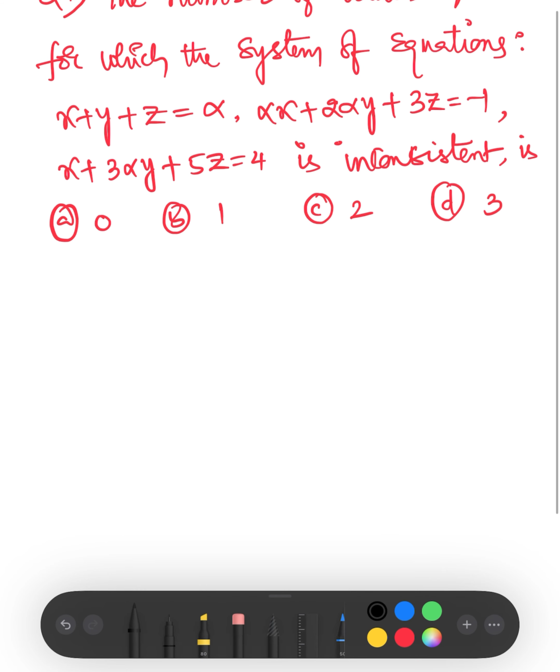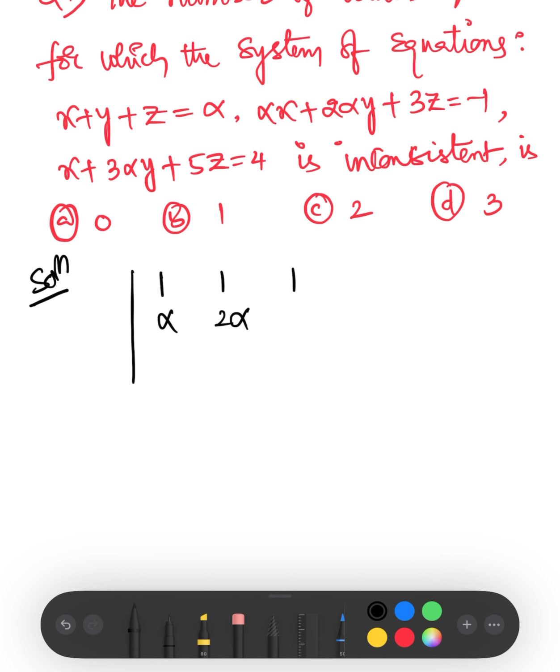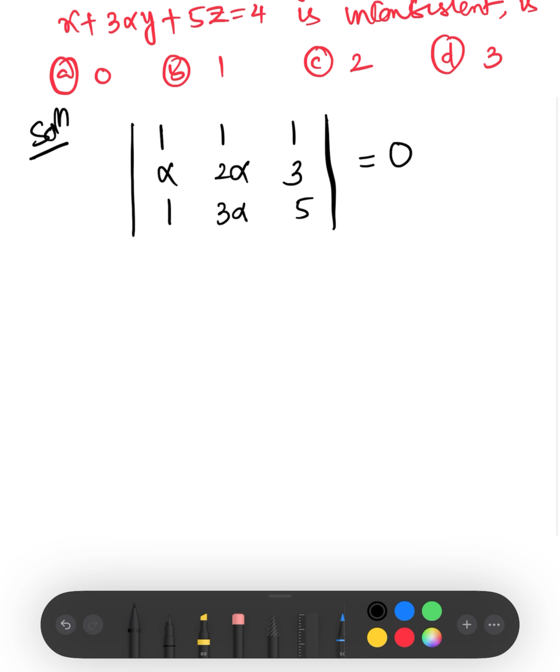So in case of det A equal to 0, write the determinant directly, that is 1, 1, 1, alpha, 2 alpha, 3, 1, 3 alpha, 5. This is what we can say, that det is equal to 0. Now if you do the 3 by 3 determinant, then for the first row we arrange the signs plus, minus, plus, that you know very well.